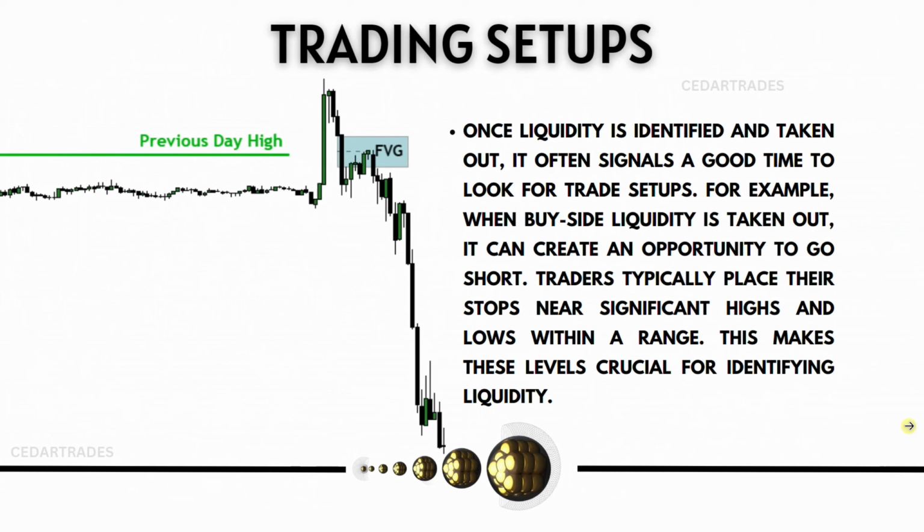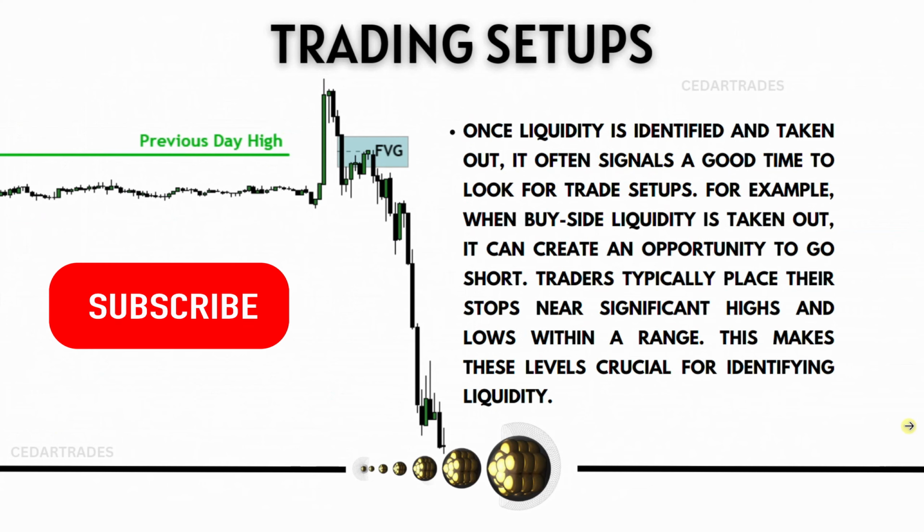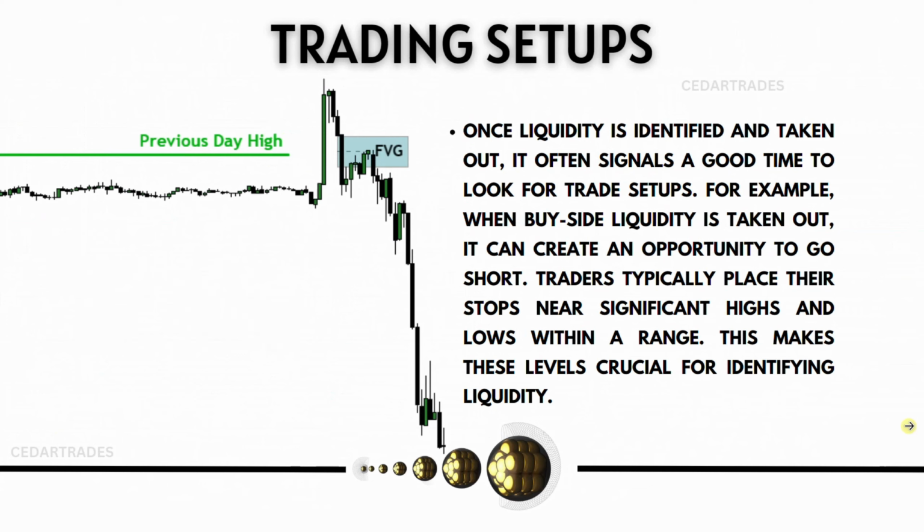So once liquidity is identified and taken out, so let's say we're looking at previous day's high in this example, right? Once that liquidity is identified and taken, it signals a good time to look for a trade setup. So you don't want to just immediately sell after price took out a high.